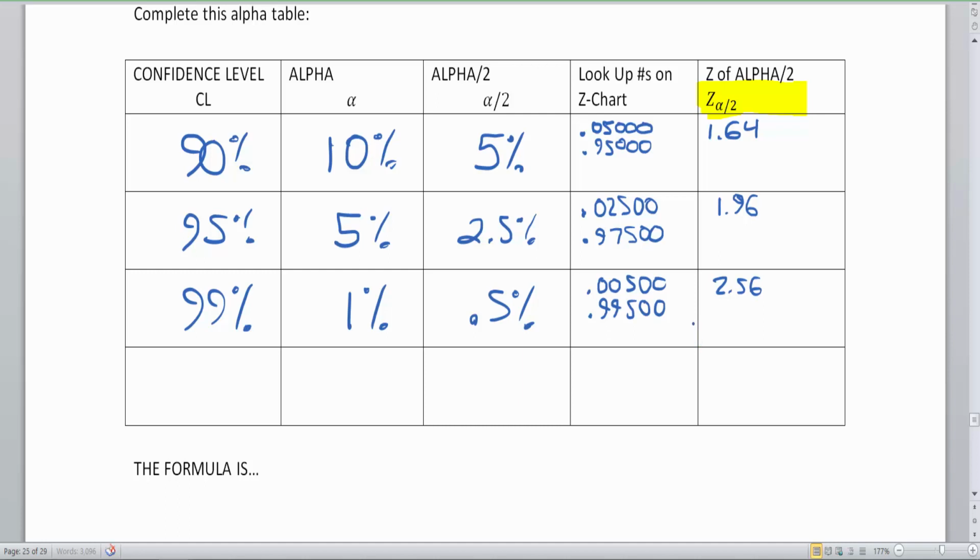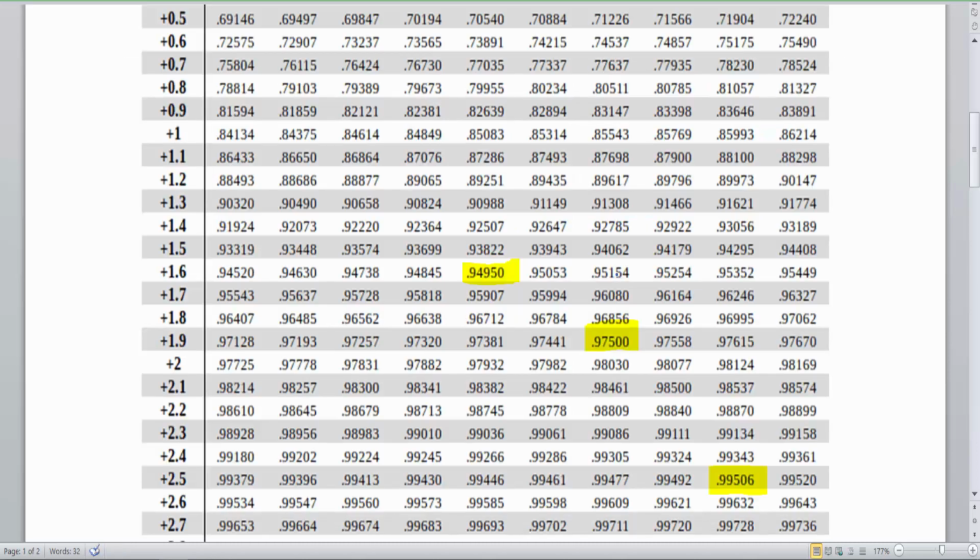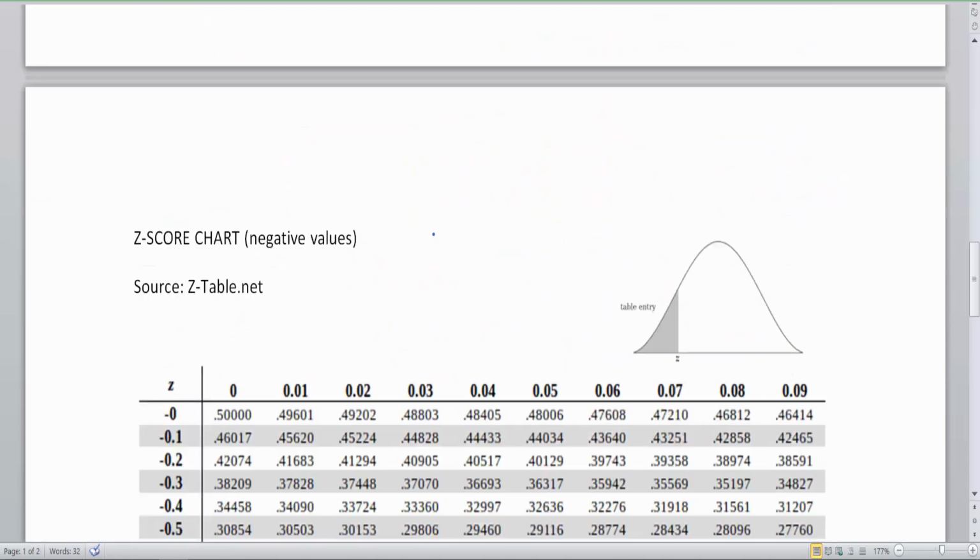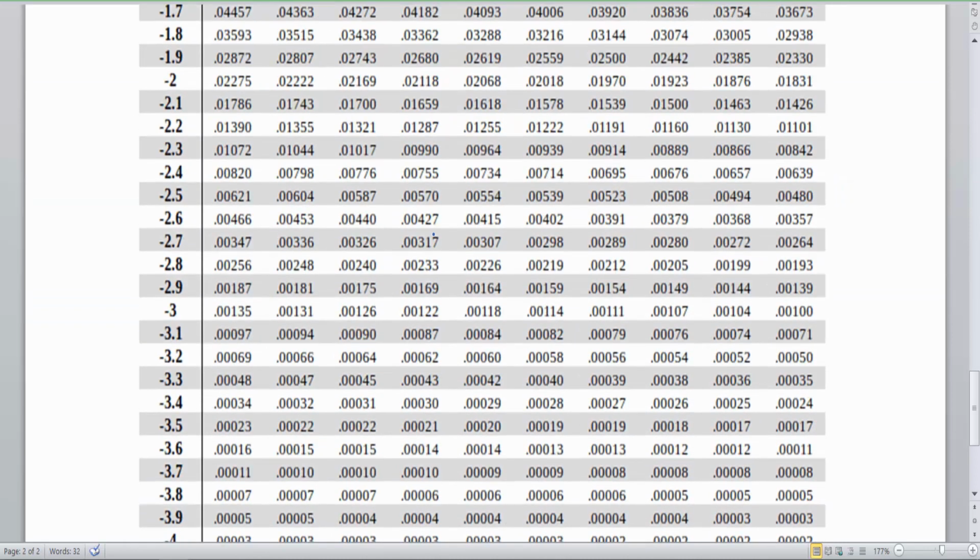Now what you might be wondering is, hey, how come we didn't look up the 0.00500? Well, the reason why is that I find that students find it a little bit more difficult, and what you'd get is the same thing but a negative value. So if I look up negative 2.58, here I am at negative 2.58. This number is actually the one we would choose because it's closer to the 0.00500.